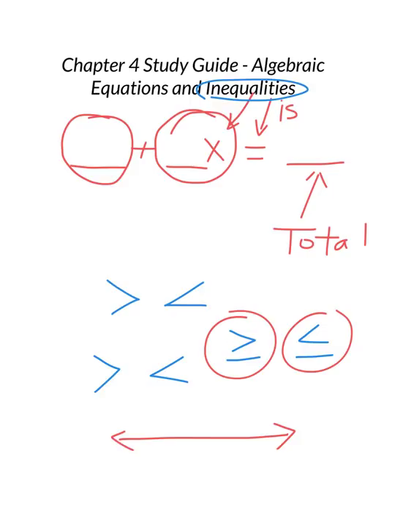Let's say the solution was x is greater than or equal to 5. I would draw a closed-in circle because it's greater than or equal to 5.